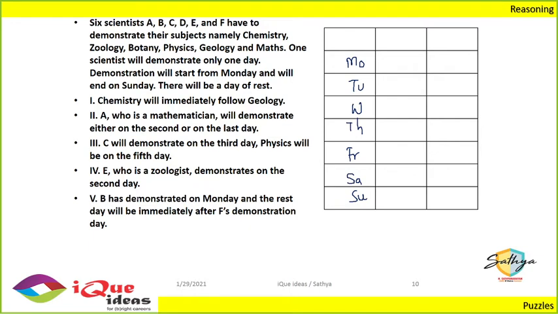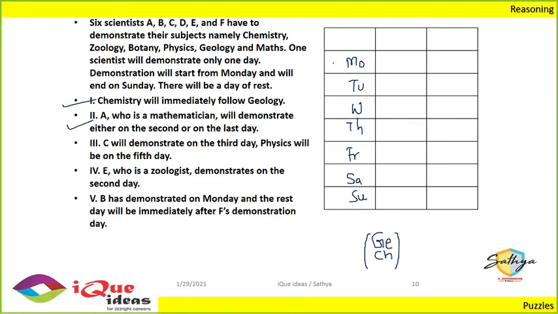Chalo. First clue. Chemistry will immediately follow geology. So whichever day geology is there, the next day will be chemistry. But I don't know where they will fit in the table. So for the time being, I'll keep them out. A, who is a mathematician, will demonstrate either on the second or on the last day.